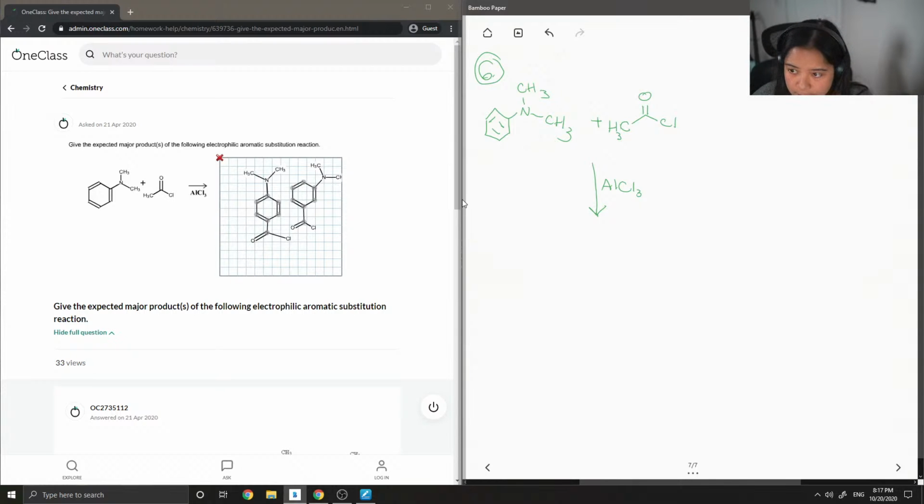So let's look at what is on the benzene ring. We have a nitrogen group that has 2 methyls on it. Okay, so this is an example of an electron donating group.